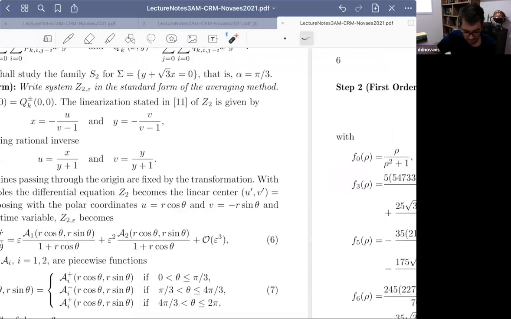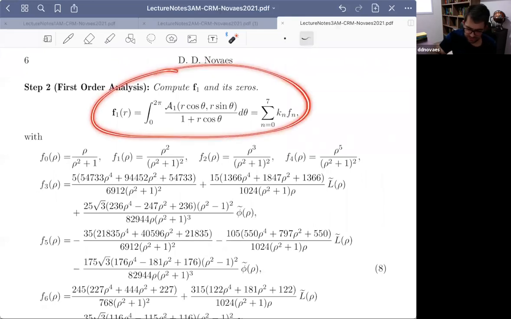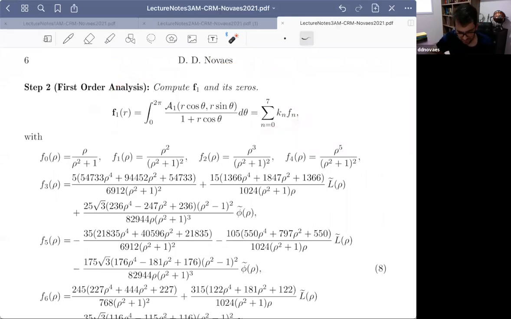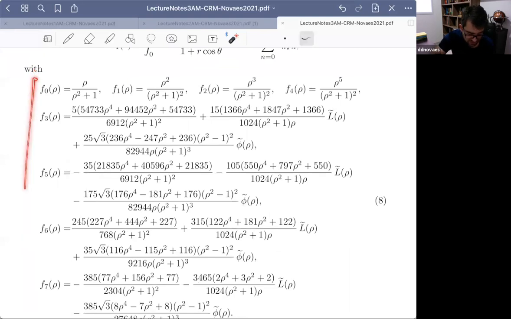When we compute the first order average function, we obtain that F1 is written as a combination of 8 functions. The coefficients Kn depend on the initial coefficients of the perturbations, and the functions Fn are given by this list of functions.